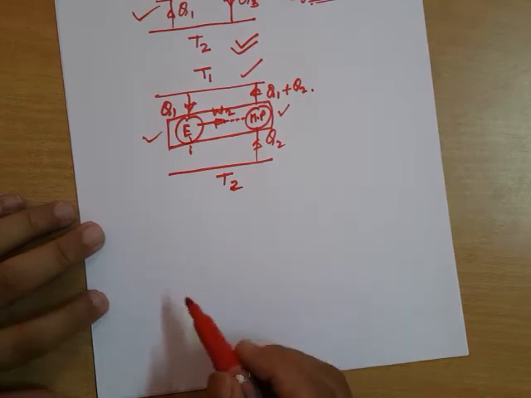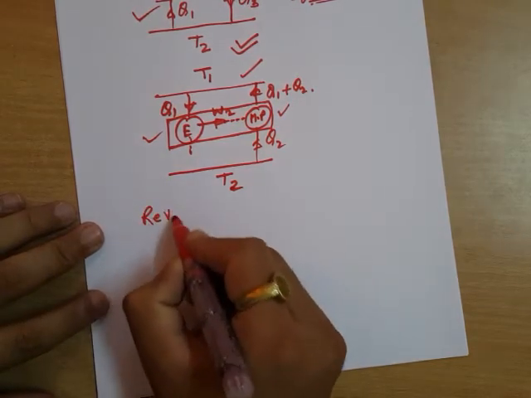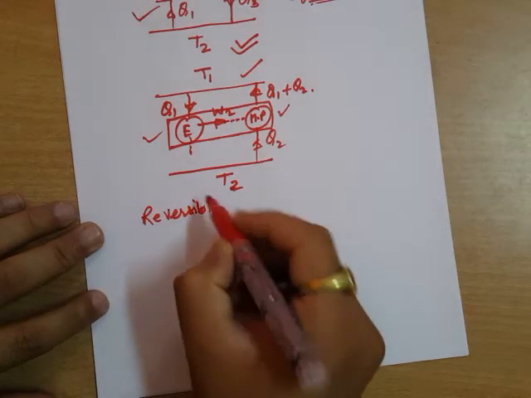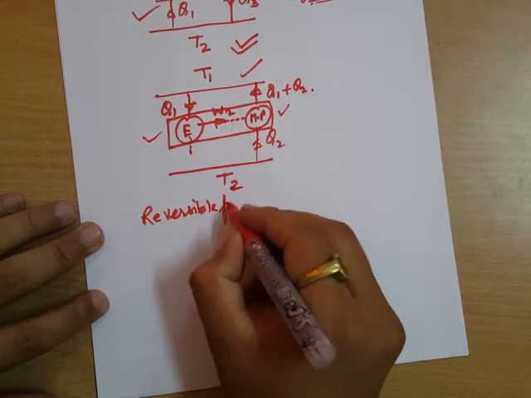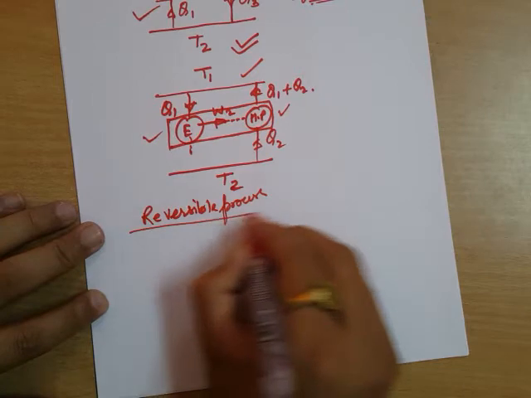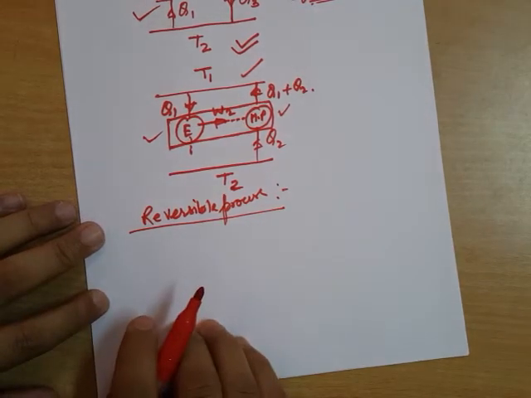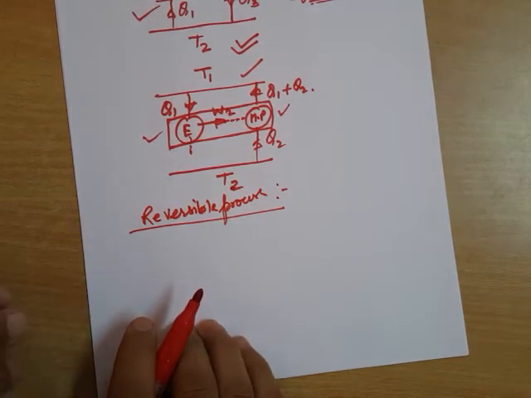Now, what is a reversible process? A reversible process is one which, when brought back from its second state to its primary state, reverts the effect it produced in going from state 1 to 2.